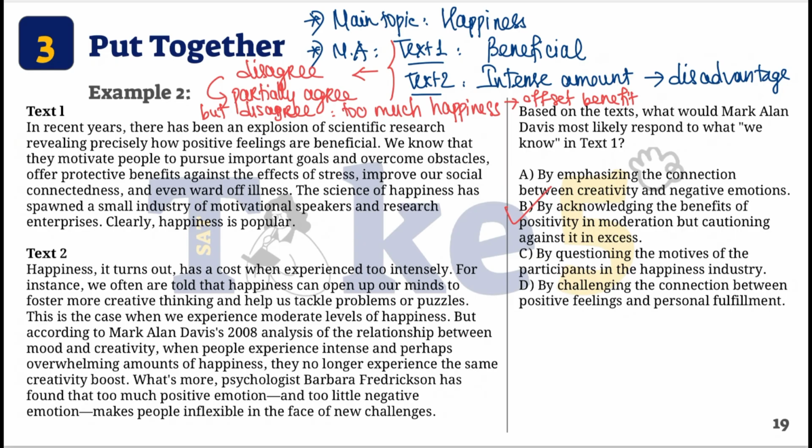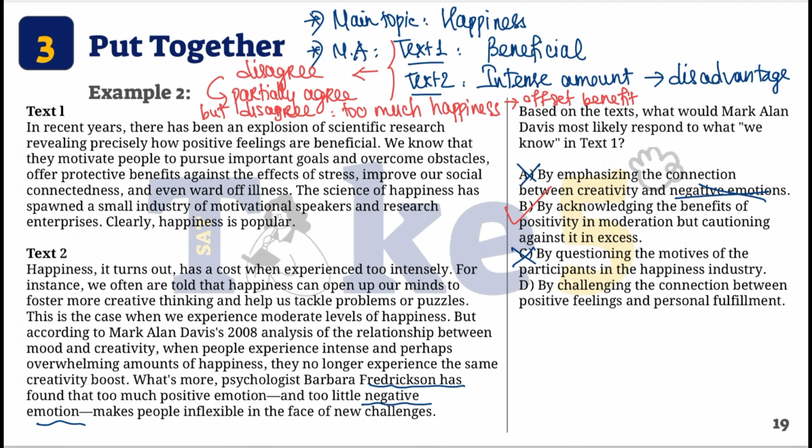A is incorrect because text 2 does not mention any opinions of Mark Allen Davis on negative emotions. They are only mentioned in Fredrickson's findings. C is too big of a leap, making it irrelevant to Davis's analysis.